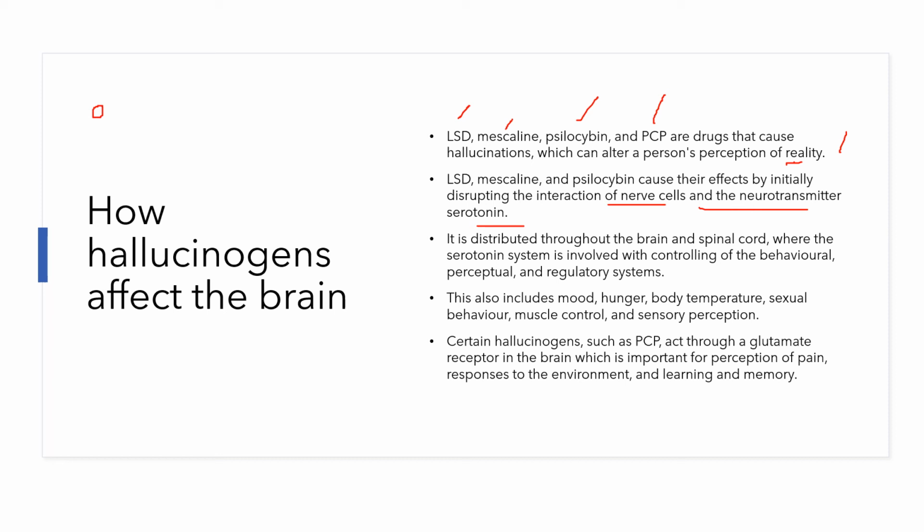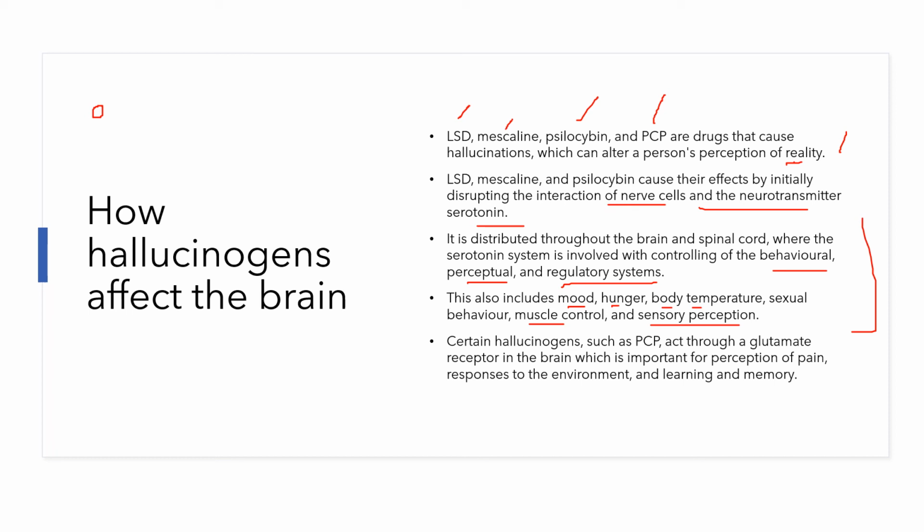Now serotonin is a neurotransmitter in the brain and other parts of the body, and it is distributed throughout the brain and the spinal cord, where the serotonin system is involved in controlling behavior, perception, and certain regulatory systems. This also includes mood, hunger, body temperature, sexual behavior, muscle control, and sensory perception. So these drugs will alter all of these things.